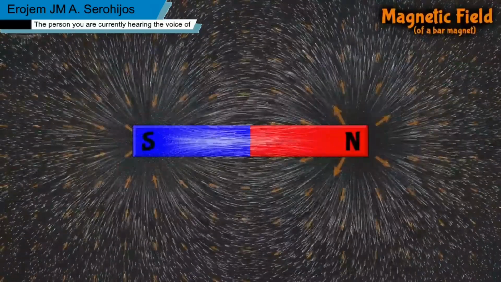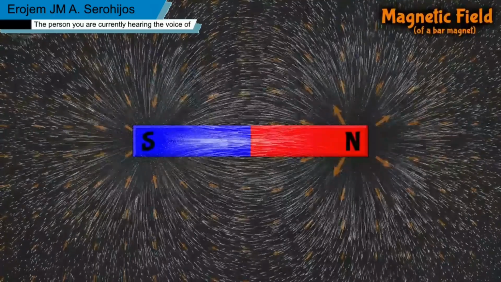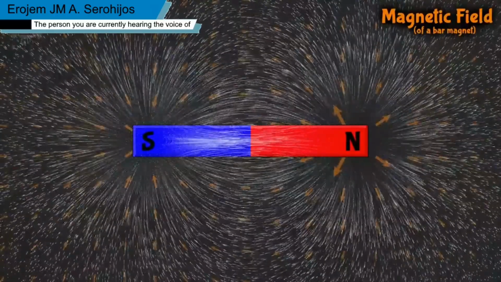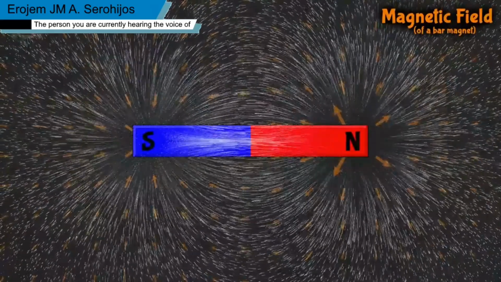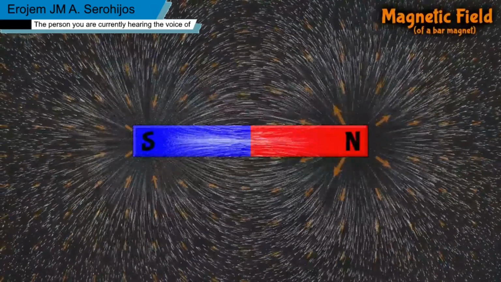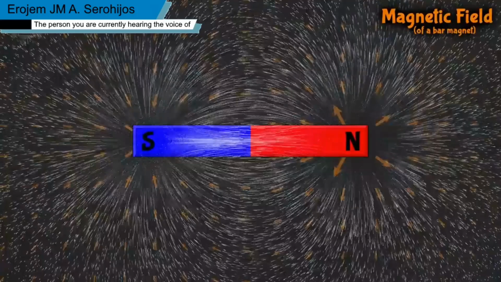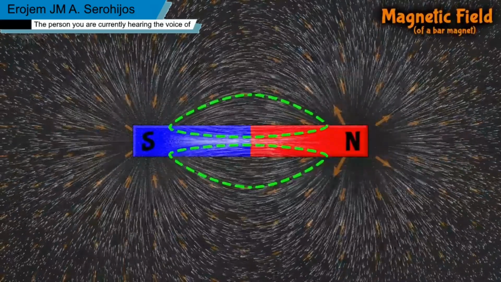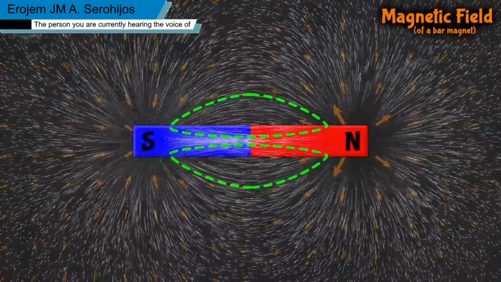The South Pole is where the magnetic field lines come back so it looks like it absorbs them, while the North Pole is where the magnetic field lines come out so it looks like it produces them. You can't pinpoint where the magnetic field vectors come from or where they will end up. The magnetic field is a continuous loop.